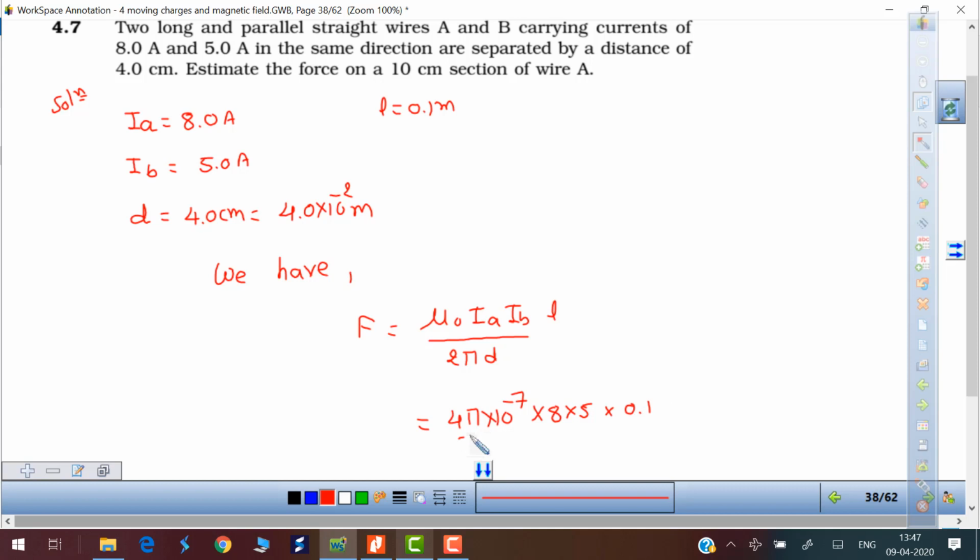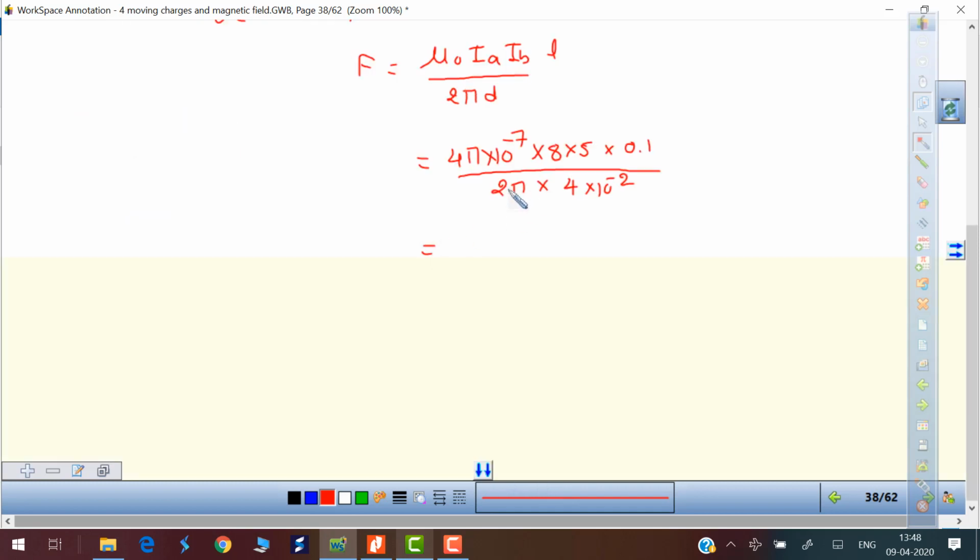So 0.1 divided by 2 pi into d, that is 4 into 10 raised to minus 2. Here also the values are such that you can cancel very easily. 2 cancels, 2 2s are 4, 4 5s are 20, so 20 into 0.1, so 2, and with the minus 2 going up, you finally get 2 into 10 raised to minus 5 Newton.